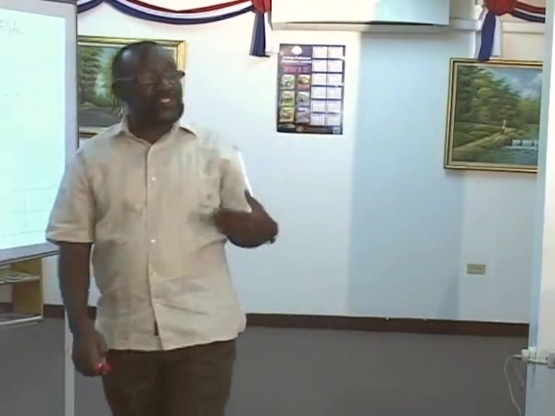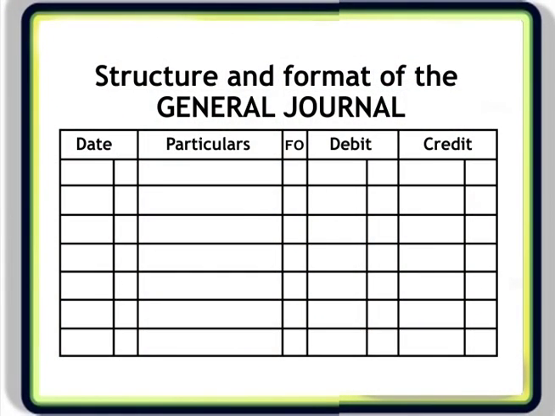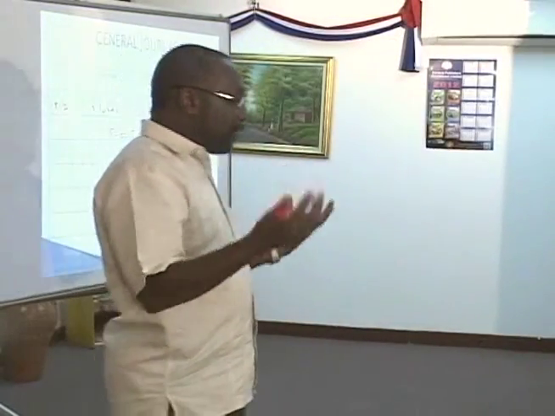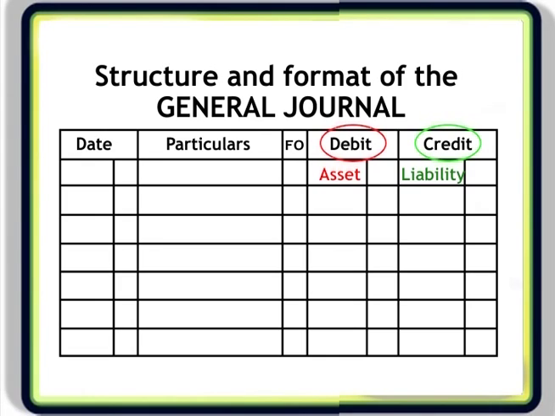If you were asked to journalize, because that's the beginning of the year, so those will be called what? Opening entries. If you were asked to journalize that information, the assets would be recorded on the debit, and the liabilities will be recorded under credit. That's what your opening entries are about.